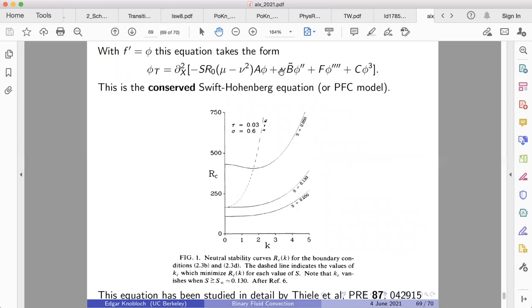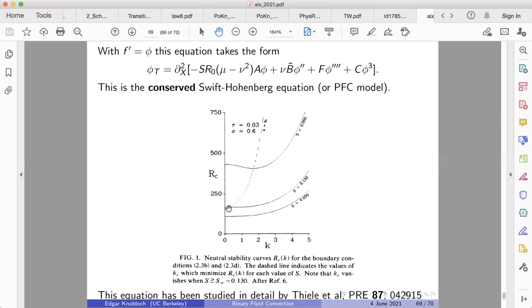And what this equation describes is what happens in the vicinity of the transition from k equals 0 here to a finite k at onset. In other words, from a neutral stability curve that looks like this, with a minimum at k equals 0, to a curve like this that has a minimum at small k, but not 0.